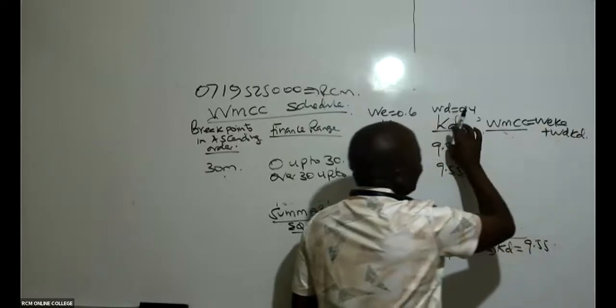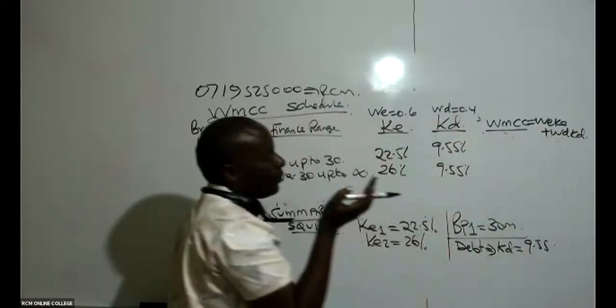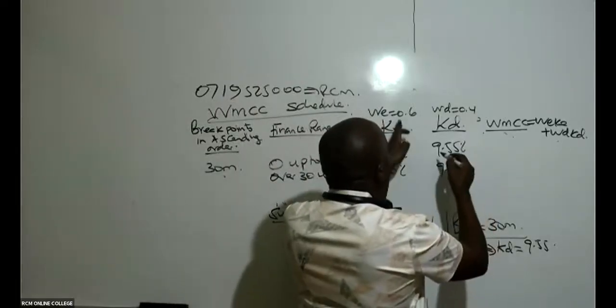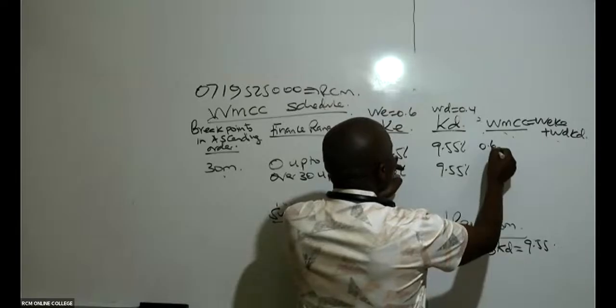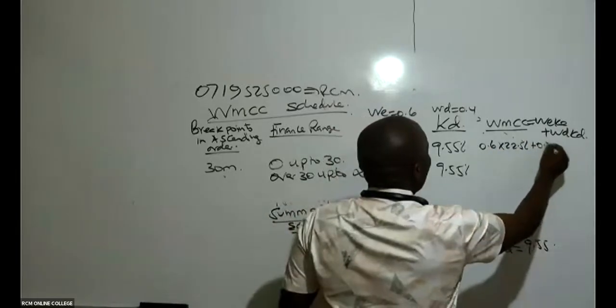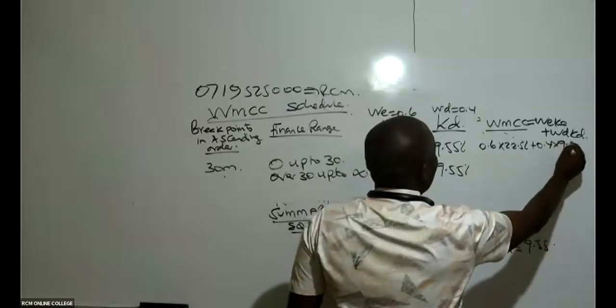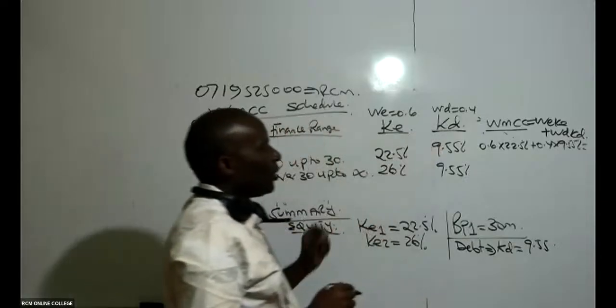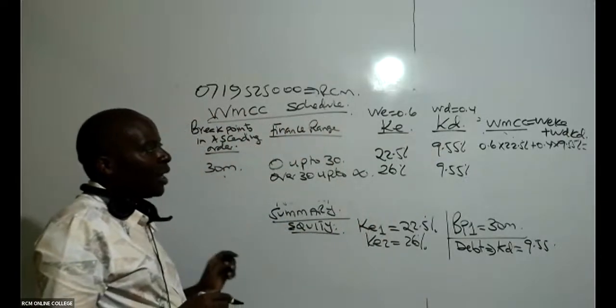Of course, we have already adjusted this for tax. So for the first range, you take the weight 0.6 times 22.5% plus 0.4 times 9.55%. Remember, this KD figure is already tax adjusted.